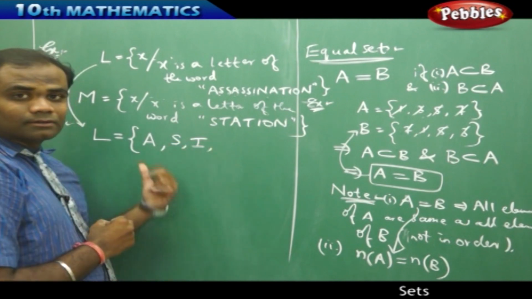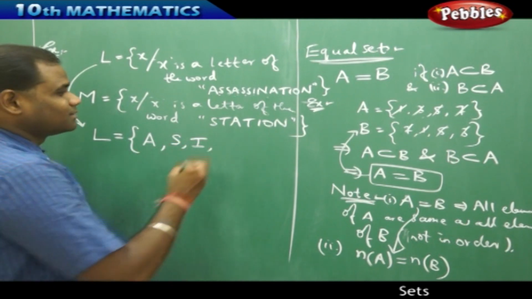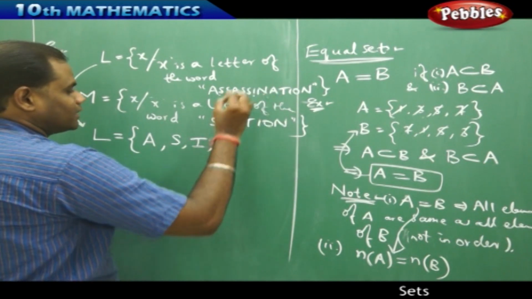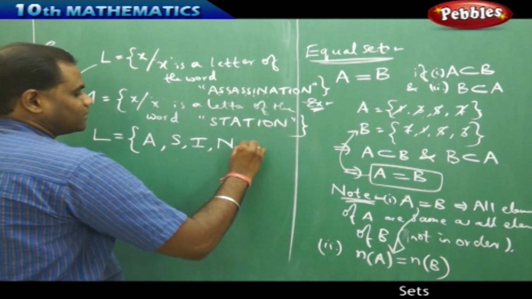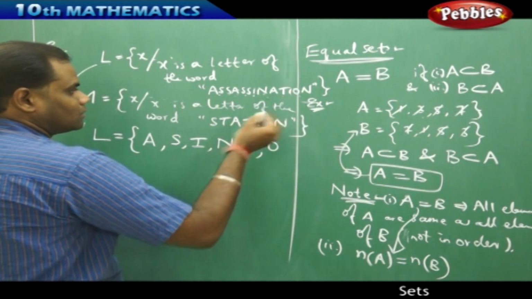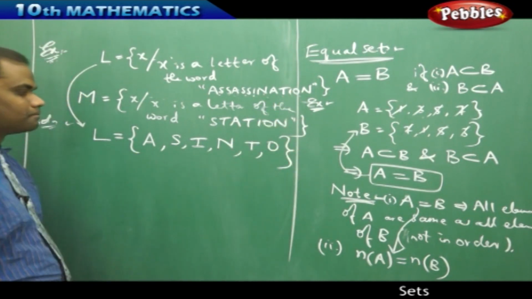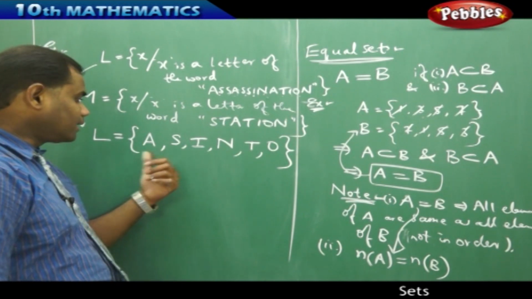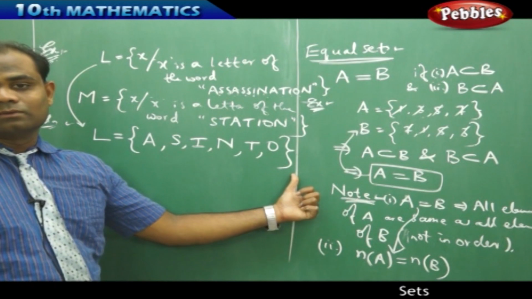The next letter I identify is I, then N, then T, then O, and the rest are all repeated. So the letters I identify in the word assassination are A, S, I, N, T, and O.